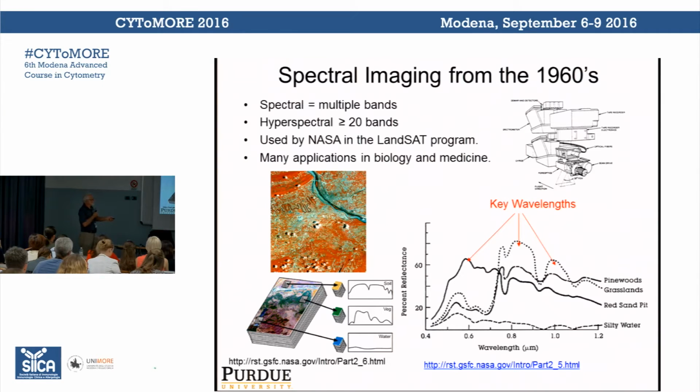And you see here, this is a picture, it says silty water, red sand, grasslands, pine woods. So by mapping that to spectral properties, they were able to build the system that is in use today. So for many years, spectral analysis has been well known and highly developed.